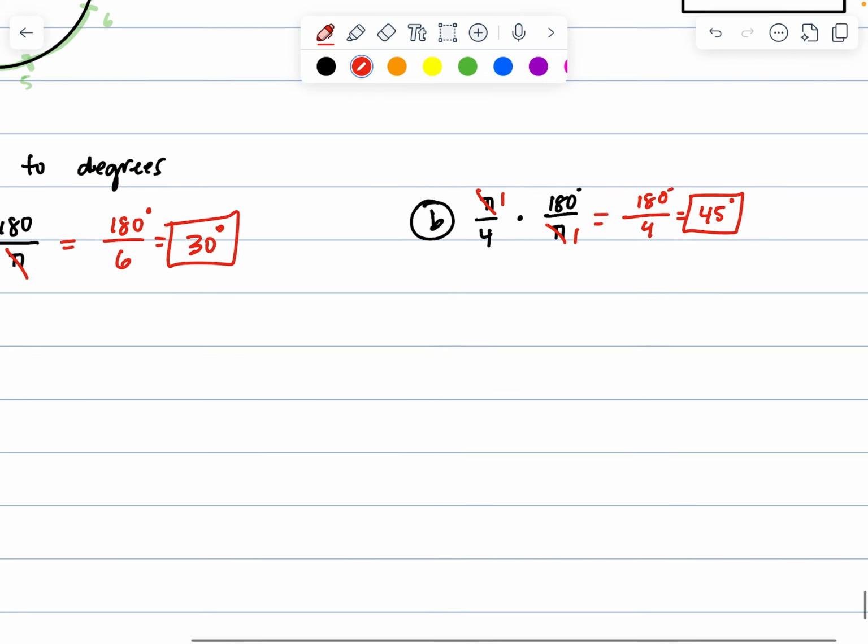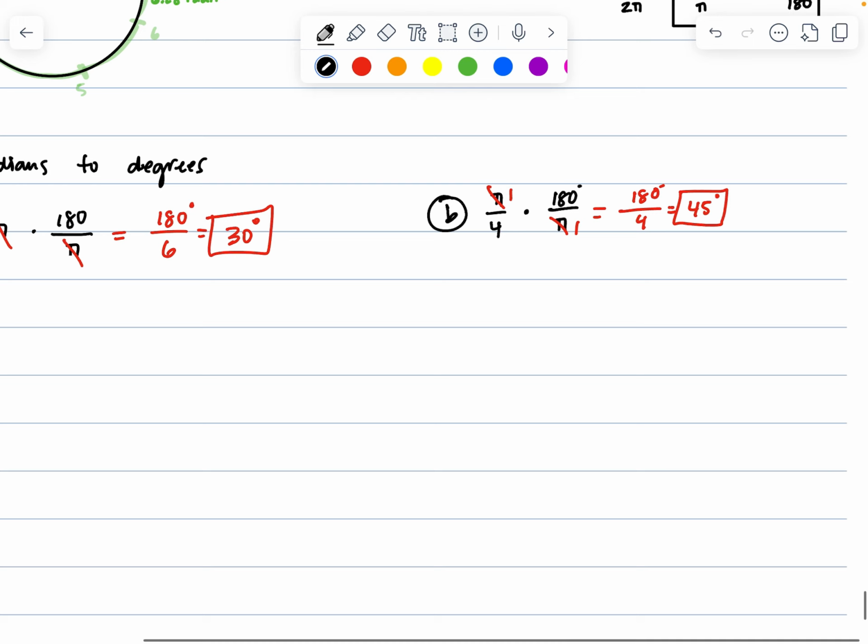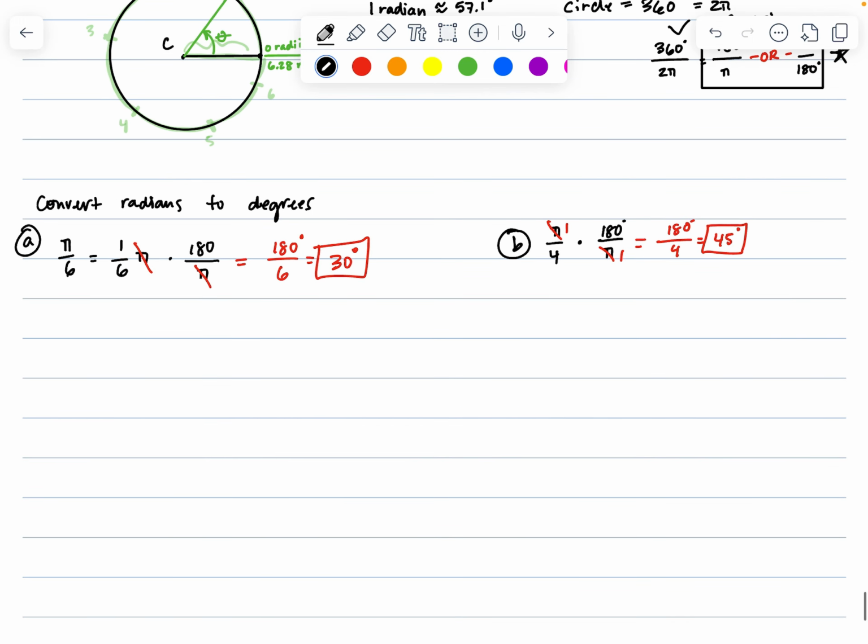Okay? Let's try another one. Let's do something in a different quadrant. Let's try 5 pi over 6. Multiply this by 180 degrees over pi. Pi's cancel out.